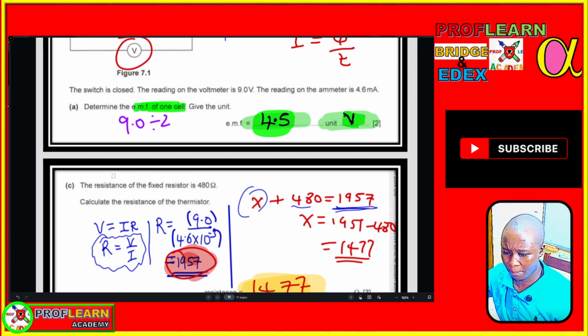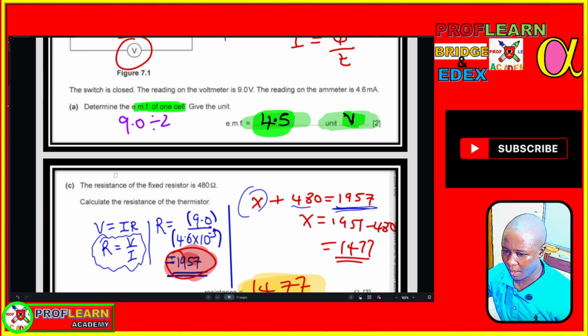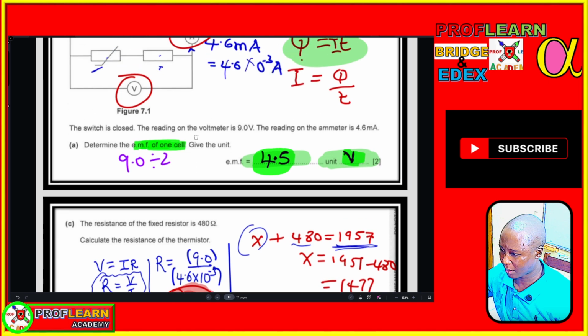And then let's look at part C. Part C, part B, where did it go? Where did part B go?